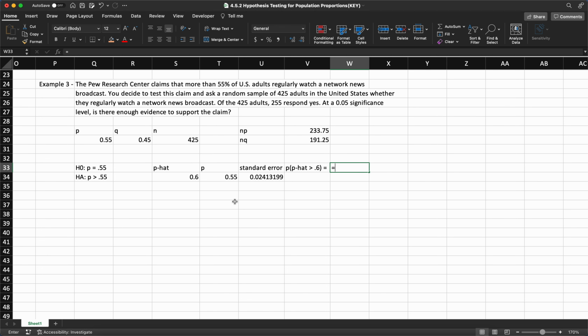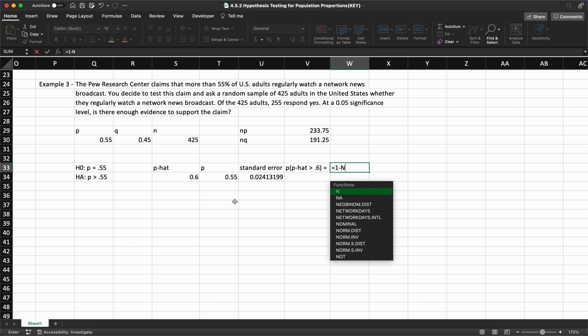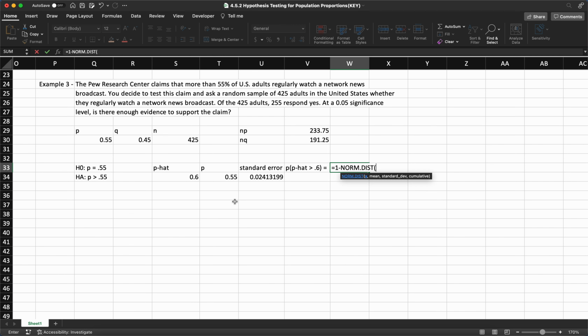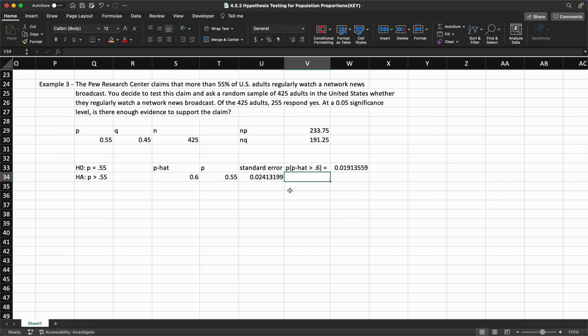Since this is greater than, we're going to do 1 minus norm.dist. We're going to use p hat for x, p for mean, and my standard error for my standard deviation, with cumulative true. And I get a value of 0.019. This is a one-tailed test.